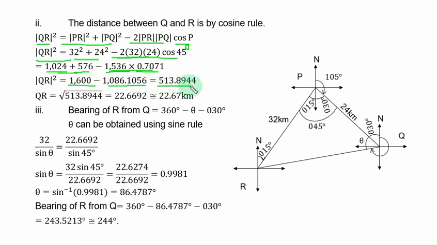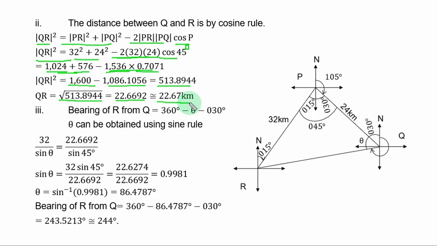To get QR, you need to take the square root of both sides. So QR is equal to square root of 513.8944, and that is 22.6692. To two decimal places, you have 22.67 kilometers.